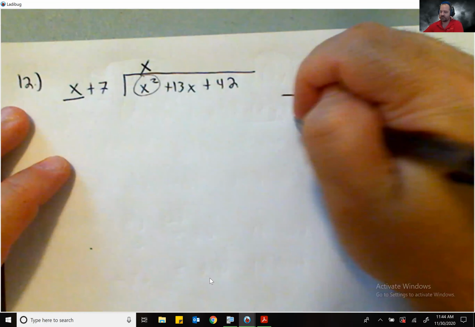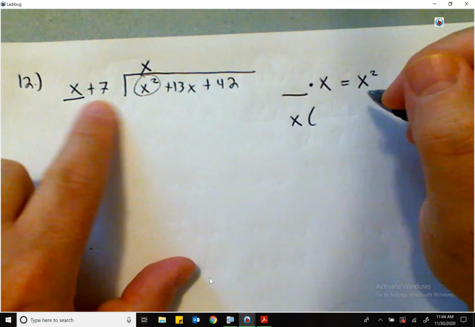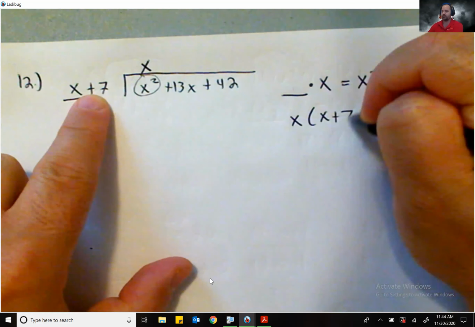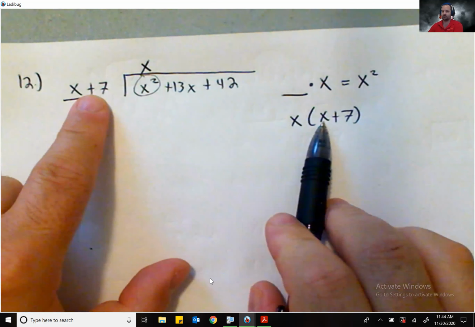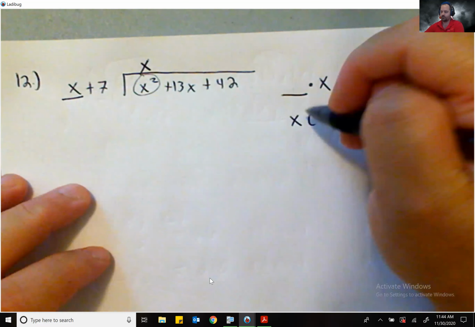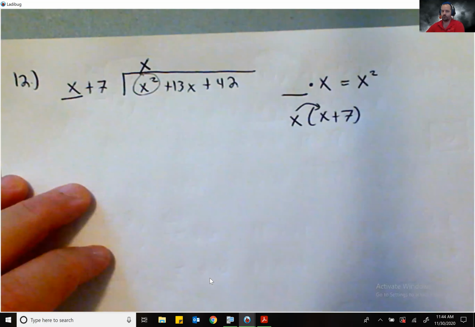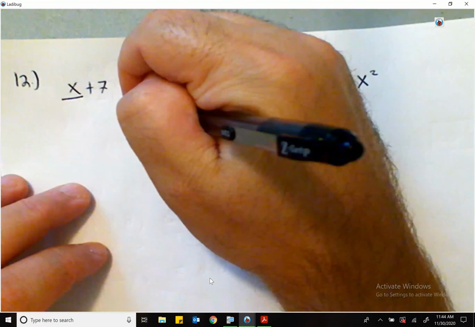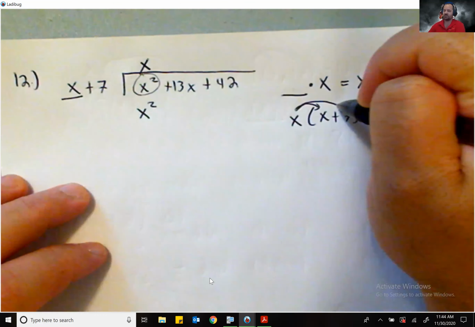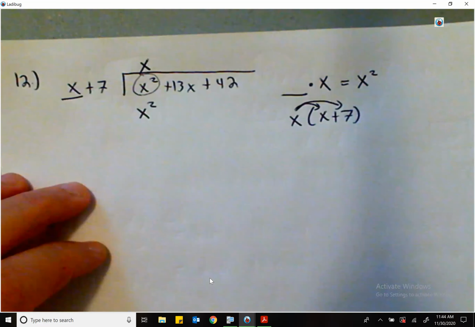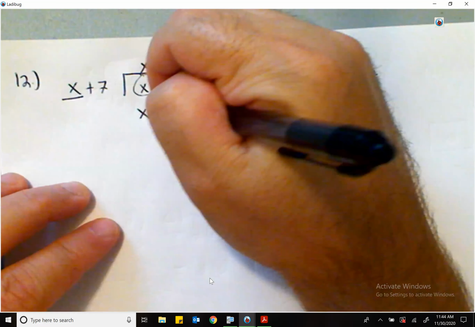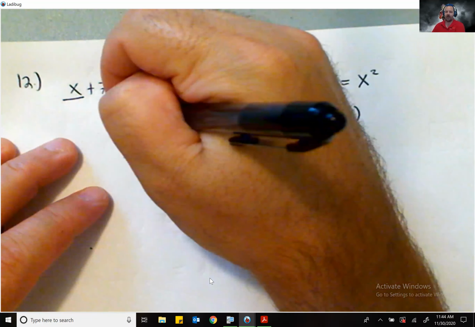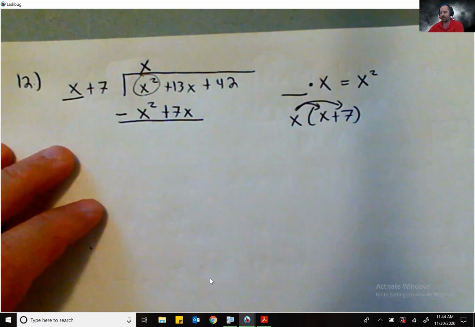And then we're going to take X and multiply it by the entire front of my division. So what is X times X? X squared. And what is X times 7? 7x. Okay. And then now all you do is subtract down. What's going to happen to the X squareds?